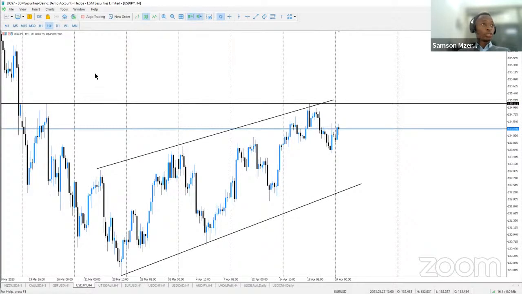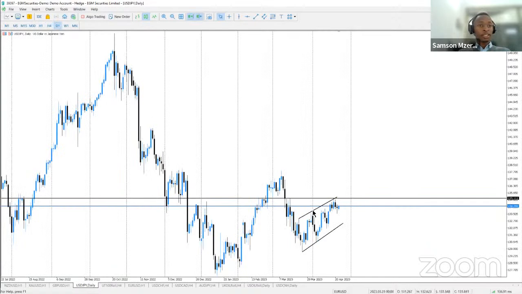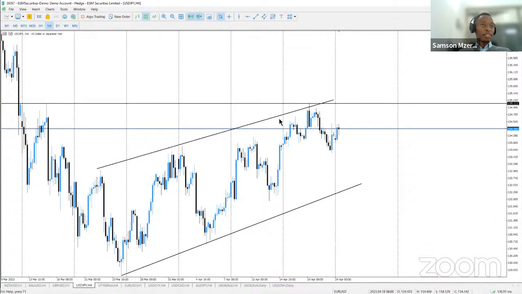On USD JPY, this one might be interesting for the week. Remember, we're trending in an upward channel, and we said we should expect either a reversal along this point, or if you're to be bullish, then we need to see it break out of this channel first. So I'm going to extend this for the week.